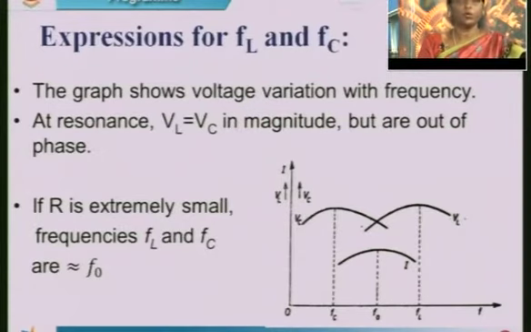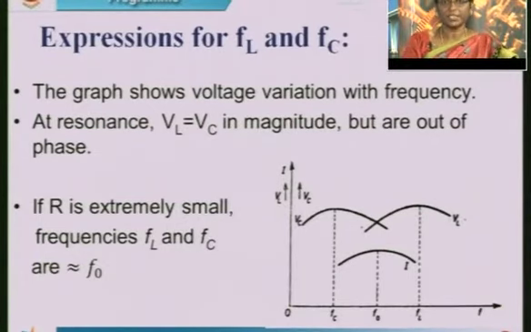As we move above F0, the inductive reactance dominates, and as the frequency increases, inductive reactance increases, and we know that VL is I into XL. So we get the maximum voltage across the inductor at a frequency FL. So from the graph, above F0 and below F0 we have the two frequencies FC and FL where the voltages across the capacitor and inductor are maximum.